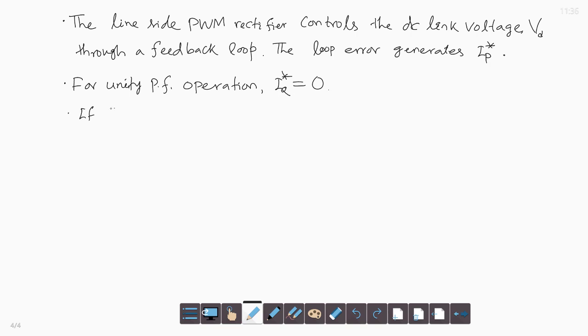If IQ star is positive, that means IQ is non-zero, the line current will be at a leading power factor, as you can see from the phasor diagram.